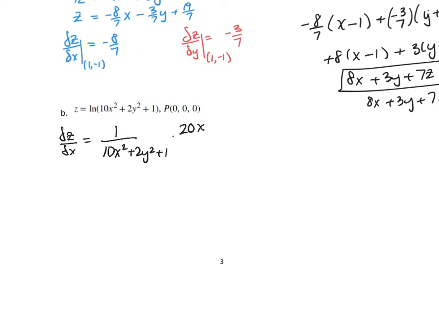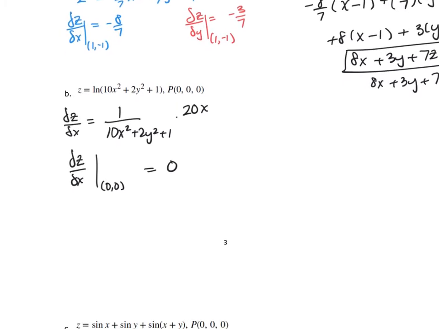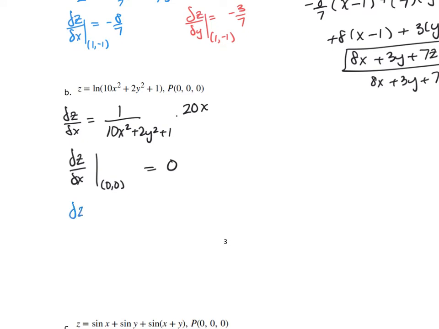I'm going to evaluate this at the point 0, 0, and of course, this is just going to give me 0. Now I'm going to do the partial derivative with respect to y, which is going to give me 1 over 10x squared plus 2y squared plus 1 multiplied by 4y. And when I evaluate this partial derivative with respect to y at 0, 0, this also gives me 0.